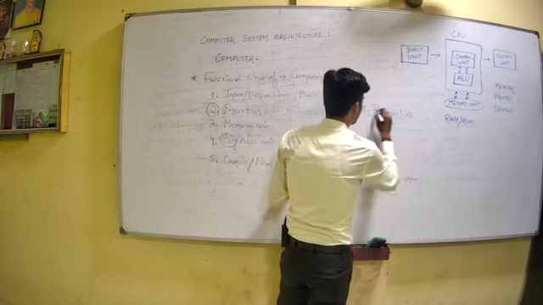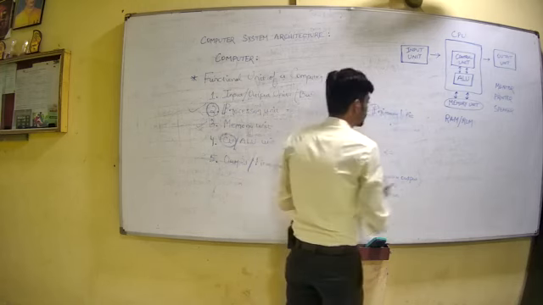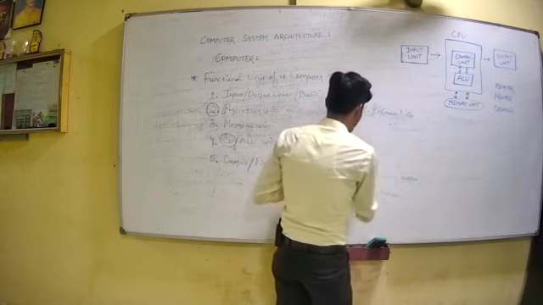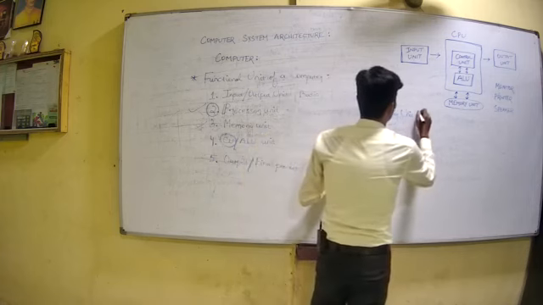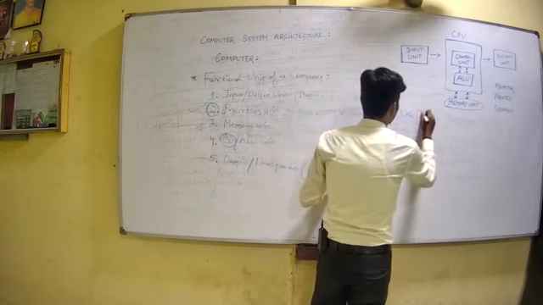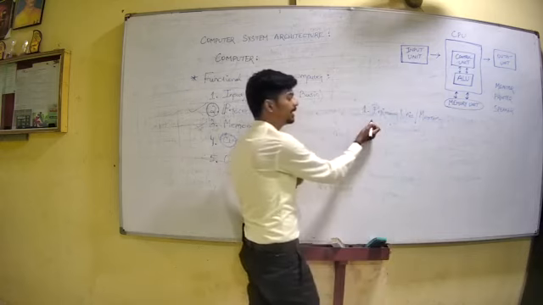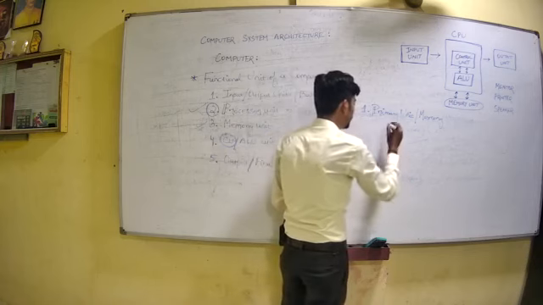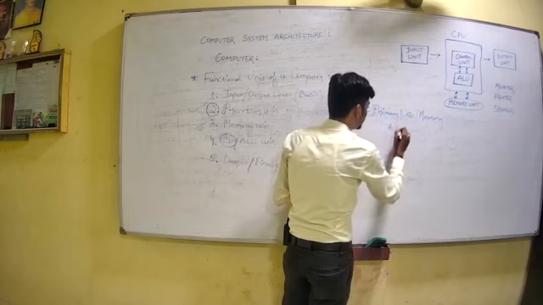Primary unit, or memory unit. Primary memory unit. In the primary memory unit, we have two memories. The first one is RAM.